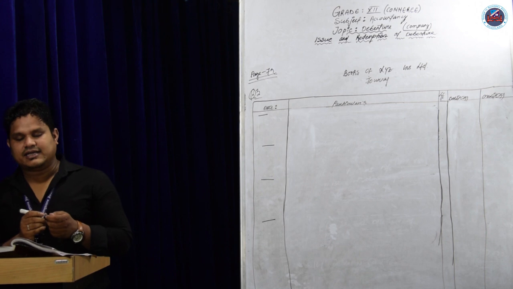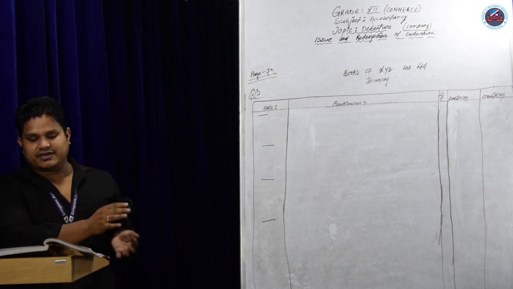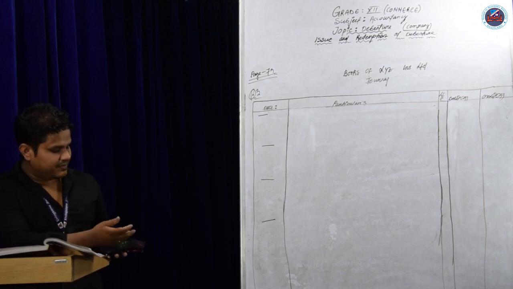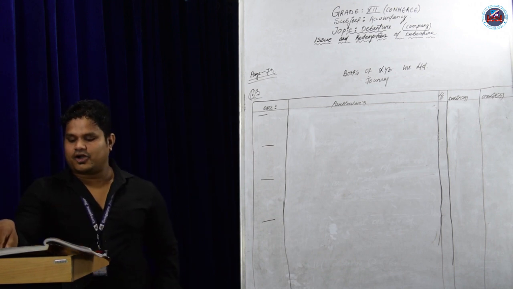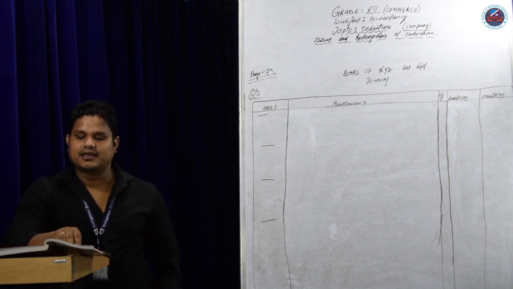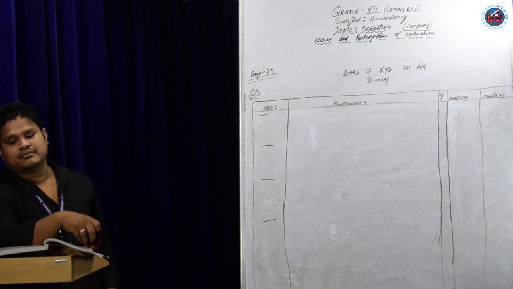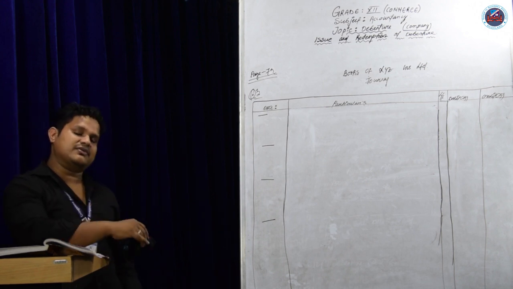XYZ Industries Limited issued 2000 10% debentures of 100 each at a premium of rupees 10 per debenture, payable as follows: application 50, allotment 60. See, 50 plus 60 is 110. How come 110? Because the debenture is issued at more than the face value. If it is less than the face value, it is called discount.